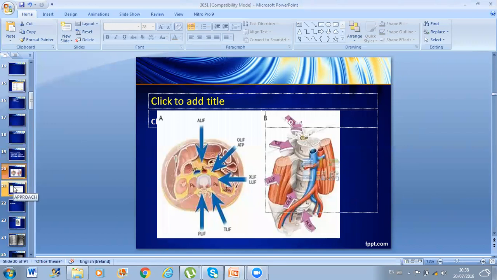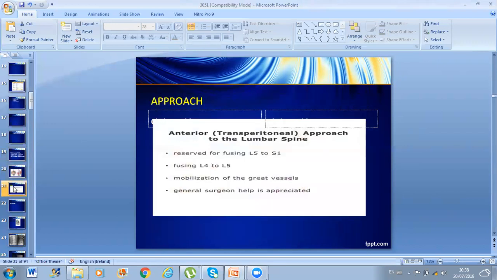Do you know what is the benefit of anterior approach in transperitoneal approach? Do you know how to do it? Actually, Abid, your mic has a problem. Sir, someone else's mic is causing the problem. I have switched off early on and the same voices were coming.